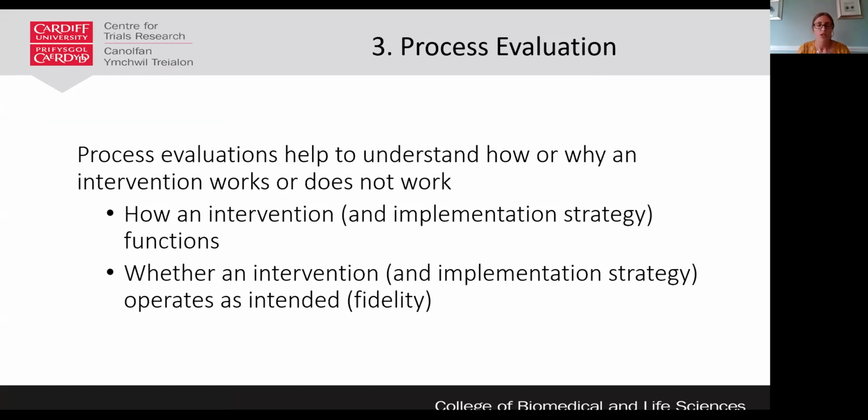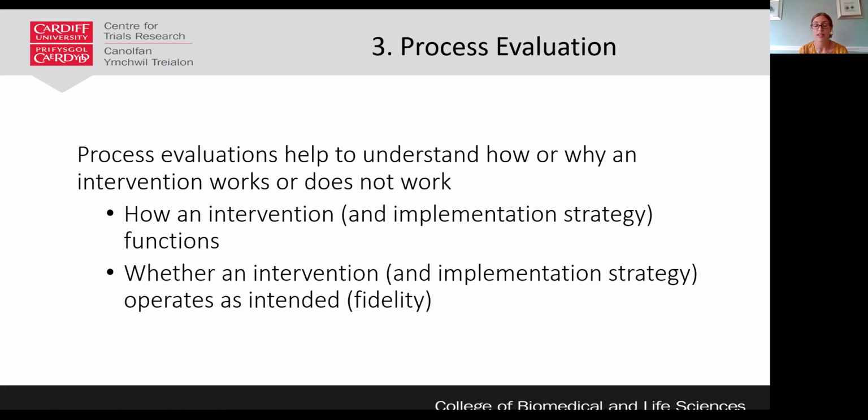So moving on now to talk about how qualitative methods can be used during and after trials. Qualitative methods can help evaluate the process and outcomes. A process evaluation can help understand how or why an intervention has worked.